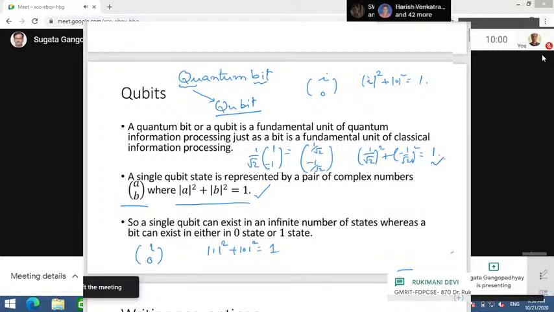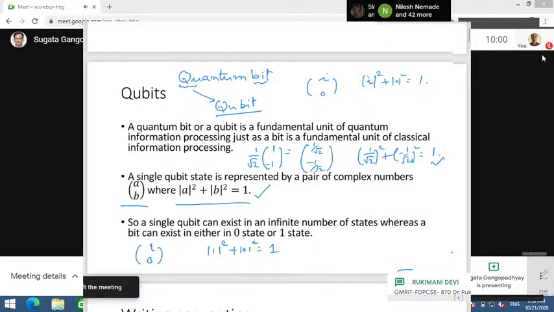This particular symbol is called a ket. This is ket 0, and this is ket 1. Therefore I can write any general qubit state (a, b) as a times ket 0 plus b times ket 1, because a into (1, 0) plus b into (0, 1) gives me a ket 0 plus b ket 1.